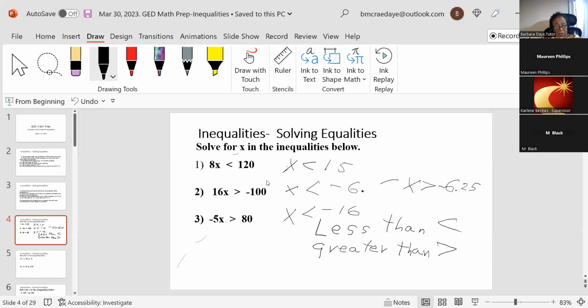And then the other one, minus 100 divided by 16, x greater than minus 6.25. But she got less than a minus. No, Mercedes, you have to make sure you're not dividing by negative, so that inequality stays greater than. You got it?